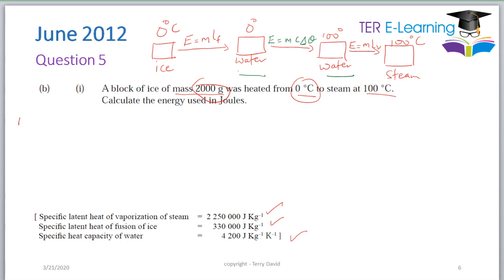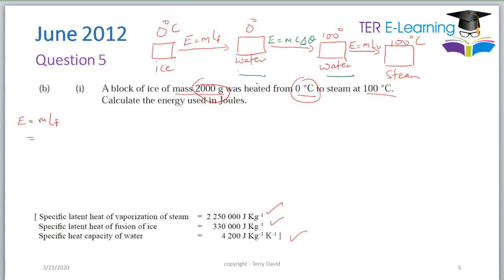So the first part, E equals mL_F, right? Now, the mass of the block of ice is 2000 grams. So basically 2000 grams is actually 2 kilograms, right? The reason why they gave it to you like that is they want to make sure you know how to convert between grams and kilograms.